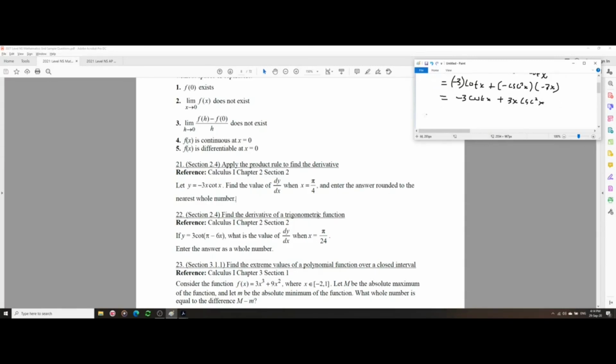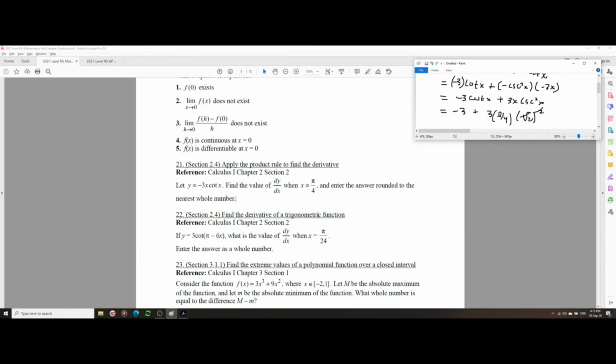With that, you replace pi over 4. Pi over 4 is 45. Tan of 45 is 1, so cotan of that, which is 1 over 1, which is 1, times minus 3, that's minus 3, plus cosecant is nothing but 1 over sine. So sine of 45 is radical 2 over 2. 1 over that is radical 2. So you will have 3, well, x is pi over 4, sorry, times radical 2 squared.